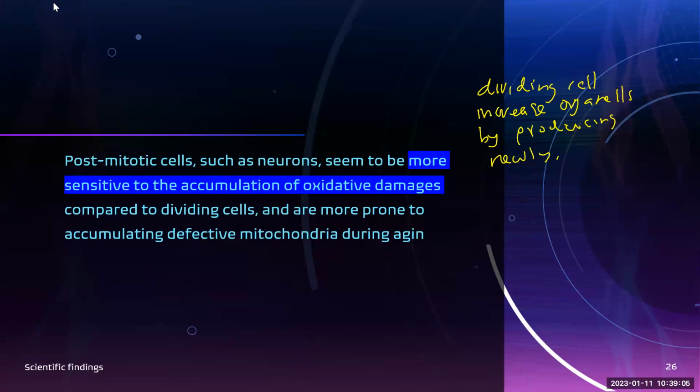Post-mitotic cells are more susceptible to the accumulation of oxidative damage compared to dividing cells and are more prone to accumulating defective mitochondria during aging.